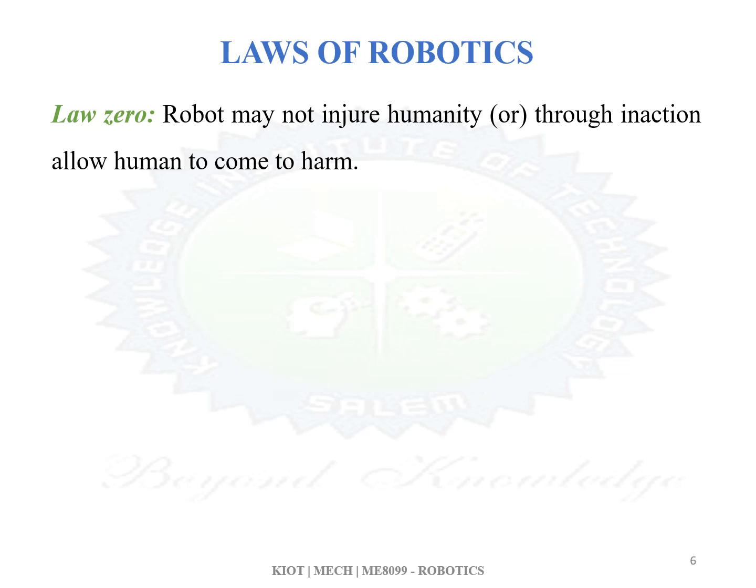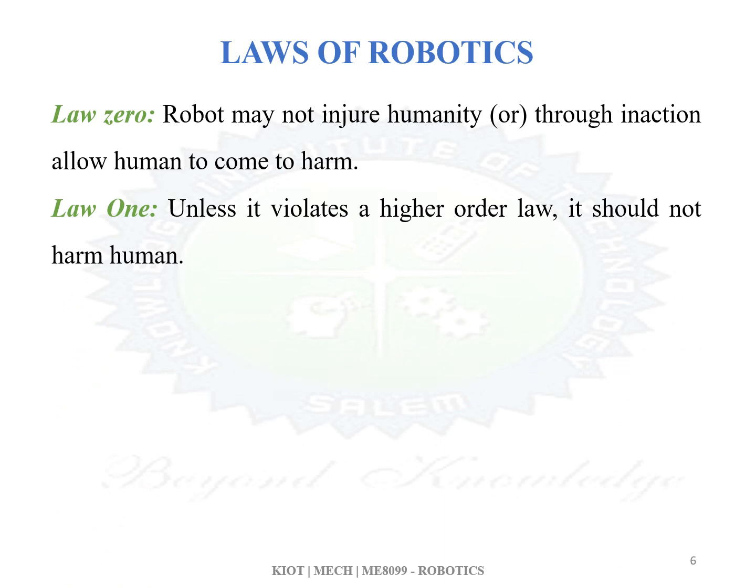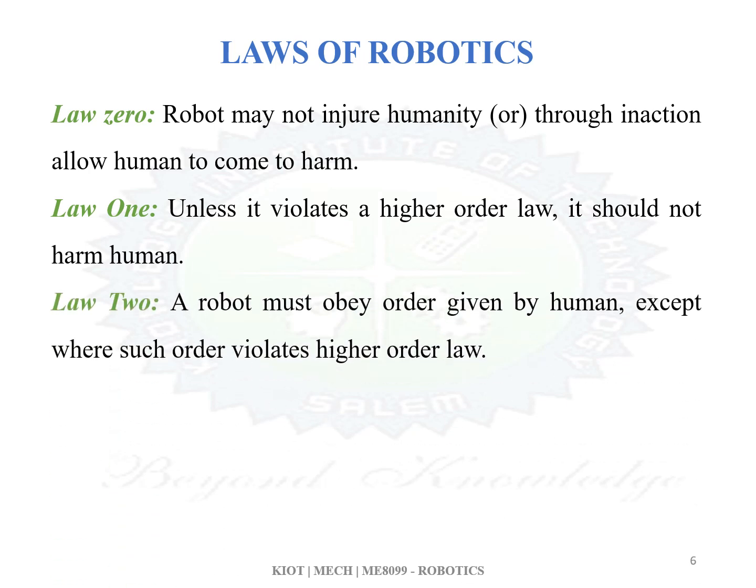The next point is law 1: unless it violates a higher order law, a robot should not harm a human. Let me explain this in Tamil. அதாவது law 0வை violate பண்ற வரைக்கும் அந்த ரோபோட் ஹியூமனை எந்த விதமான இன்ஜுரியும் பண்ணக்கூடாது, எந்த விதமான ஹார்மும் பண்ணக்கூடாது. That is what law 1 means. When the law is violated, we get into law 2. It explains that a robot must obey orders given by humans.